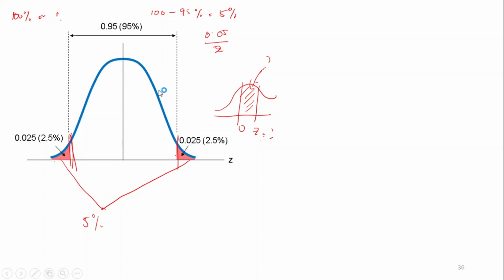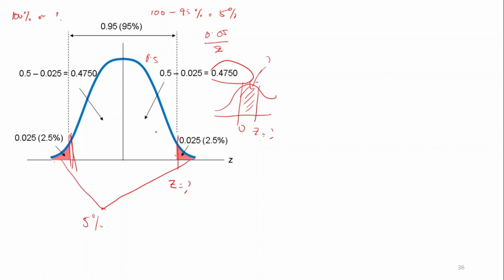We know that half of the curve has probability 0.5. So 0.5 minus 0.025, you get 0.475. 0.475 is the probability.